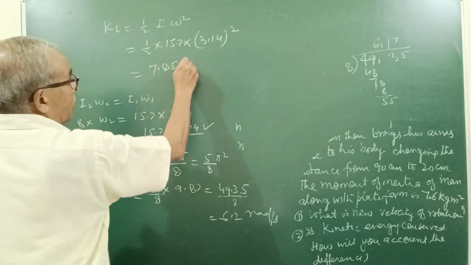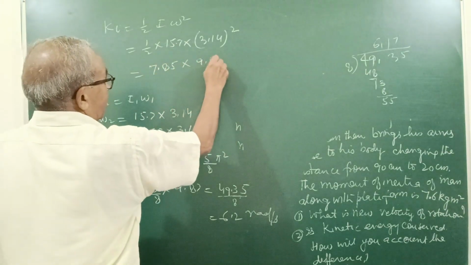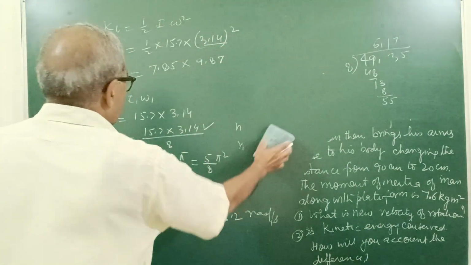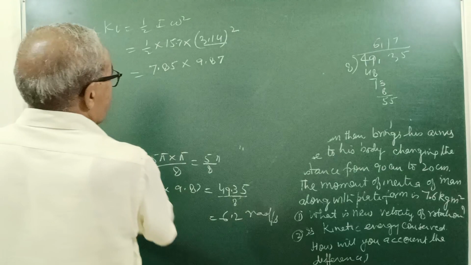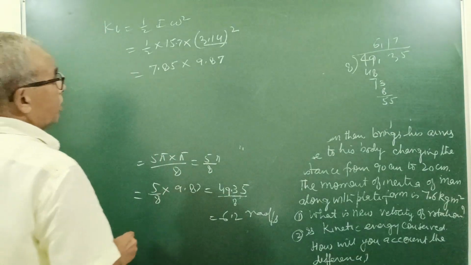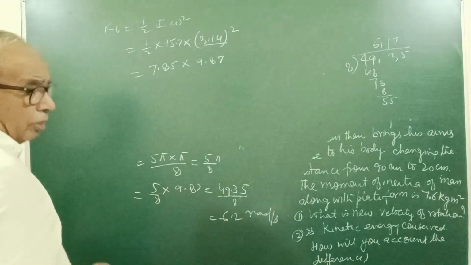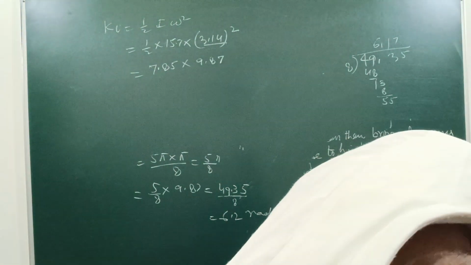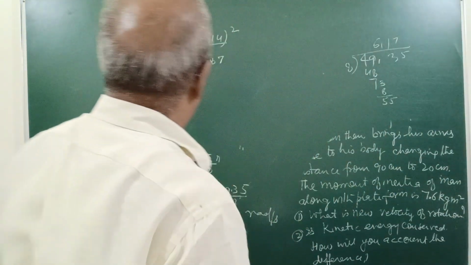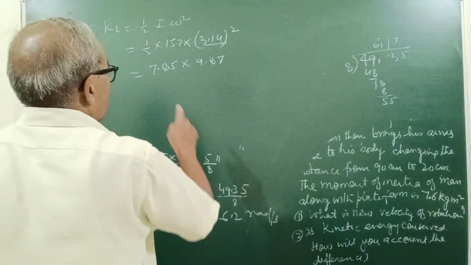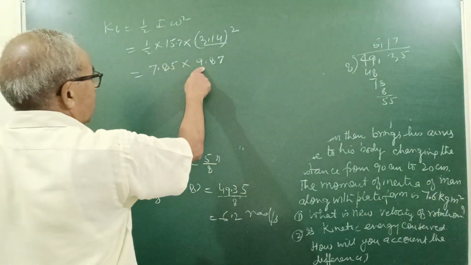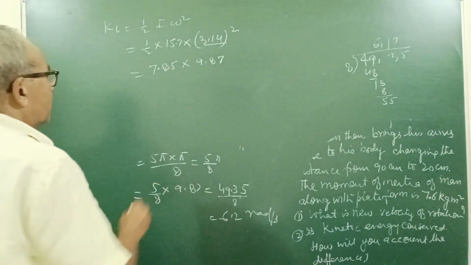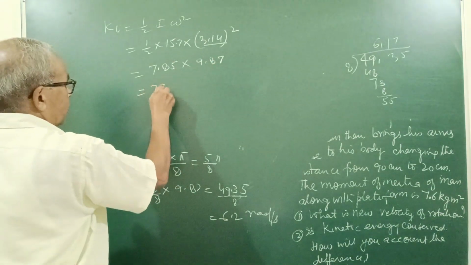This is much into 9.87, the square of 3.14. You can do it, and nearly it comes out to be 77.4. If I take it 8 and 10, so nearly it's 77.4 answer.